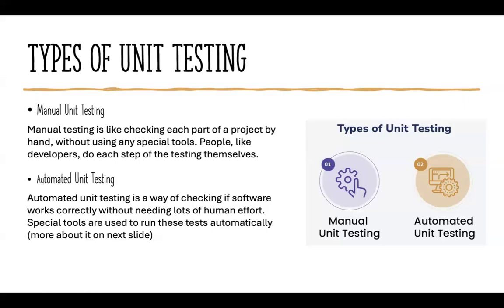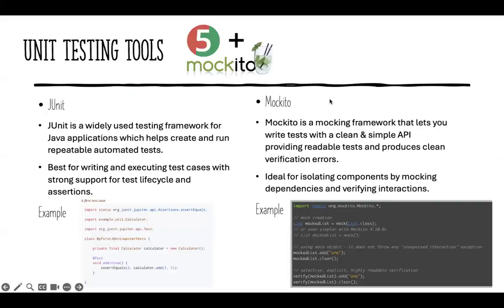So now let's look at some examples of automated unit testing tools. The two tools that we're going to be looking at right now are JUnit and Mockito. JUnit is a widely used testing framework for Java applications, which helps create and run repeatable automated tests.